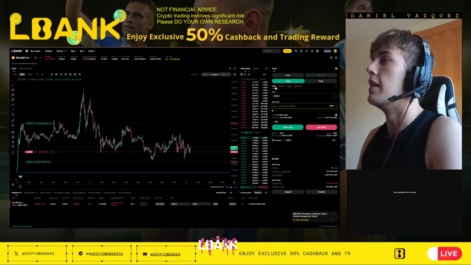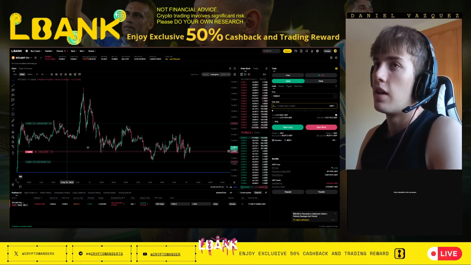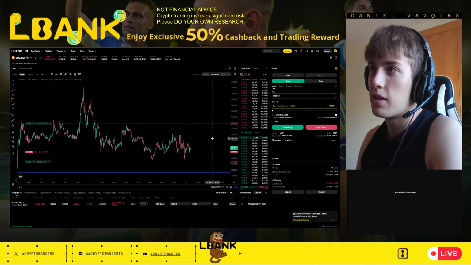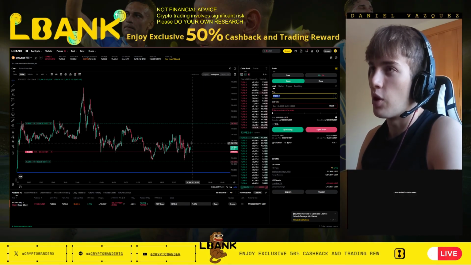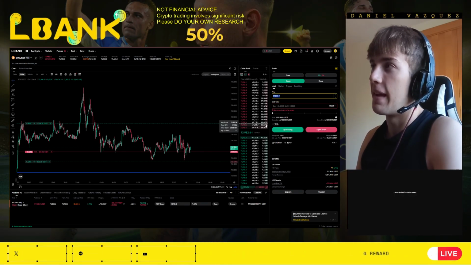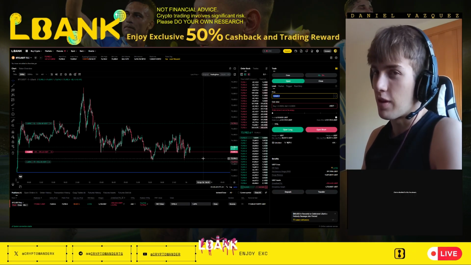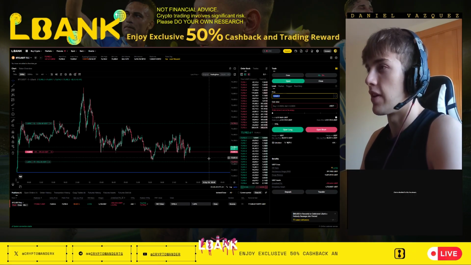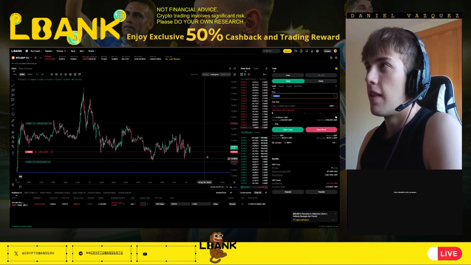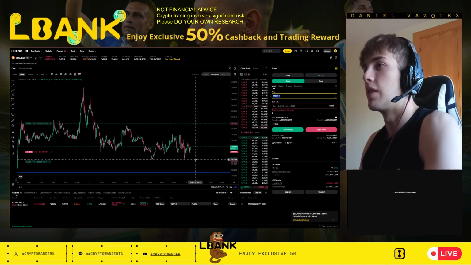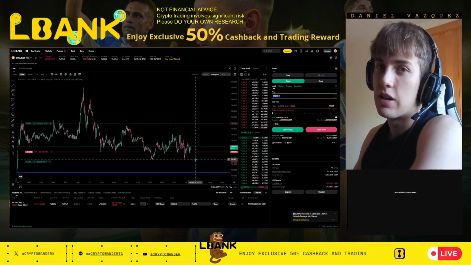Limit is basically you place a trade and you select the price that it will go to, and it opens the trade when it gets to that price. So if I open a long at 73558 and press limit with that price, it will trigger there.